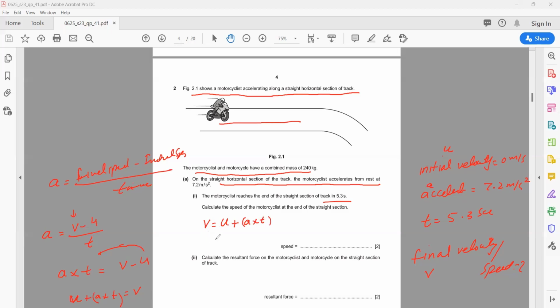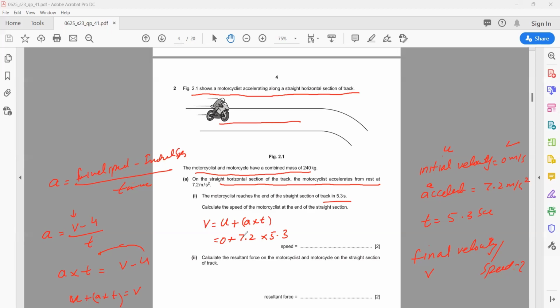So what is u? We already found that it was 0, plus acceleration 7.2, multiplied by the time, 5.3. If you multiply both of them, you can get the answer if you have a calculator.